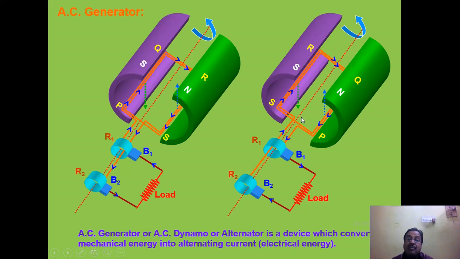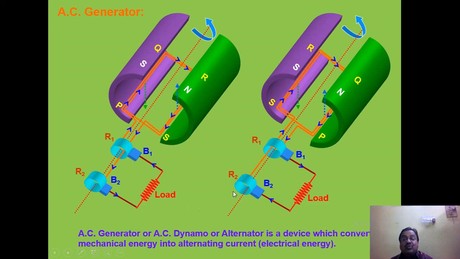At that time current flows in the direction S, R, Q, P, B1 through the load, through B2, through R2, through R1 and again S. The direction of rotation of your armature is shown by this arrow mark in both cases. It is rotating in anti-clockwise direction, and in every case the current flows in clockwise direction.